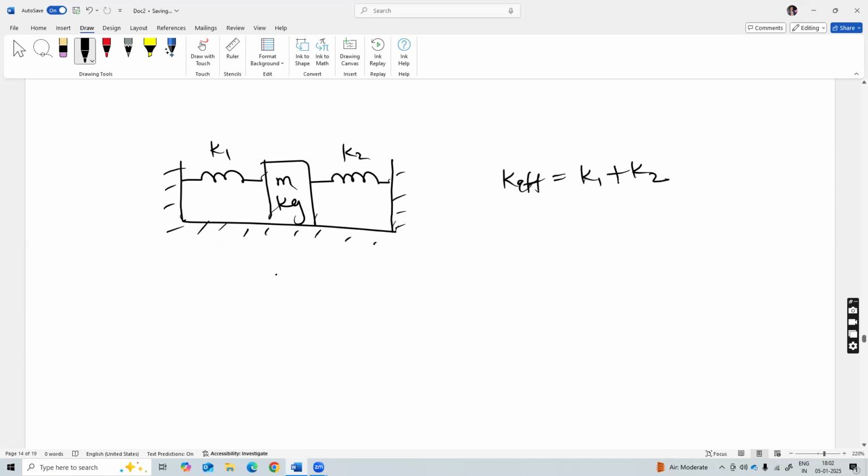So you should not get confused with this kind of question. In this case also, the net or effective spring constant is considered as that of the parallel case, and therefore K effective is K1 plus K2.